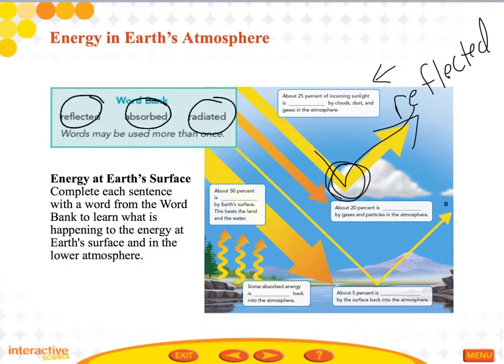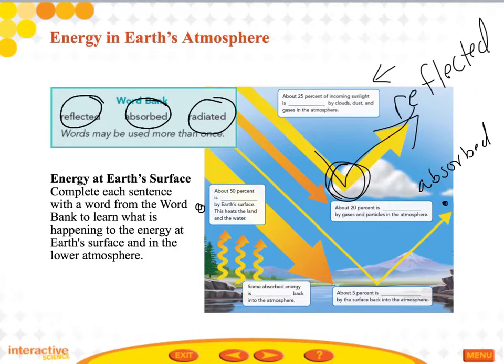Now this next one here states that about 20% is absorbed by gases and particles in the atmosphere. So it's just kind of taken up in those gases and those different particles, and they just take that heat in.